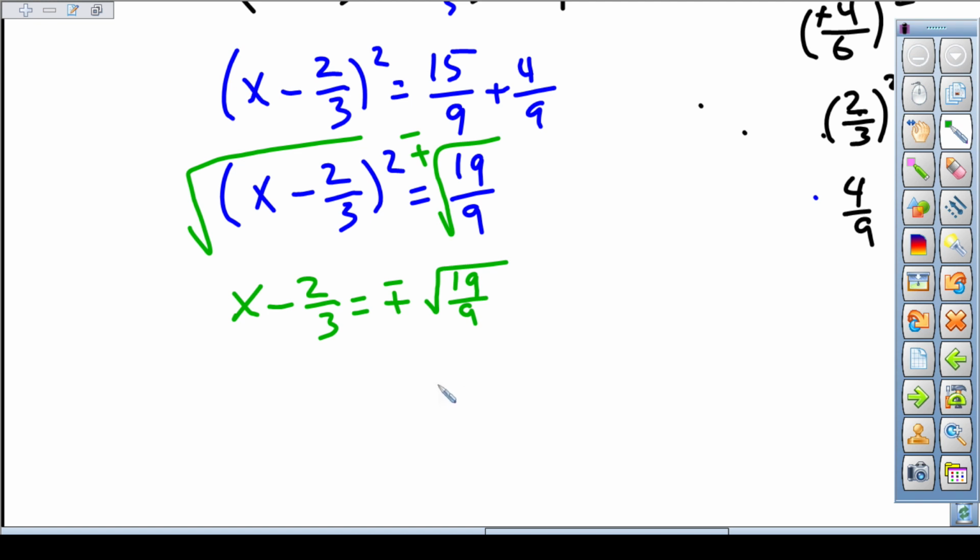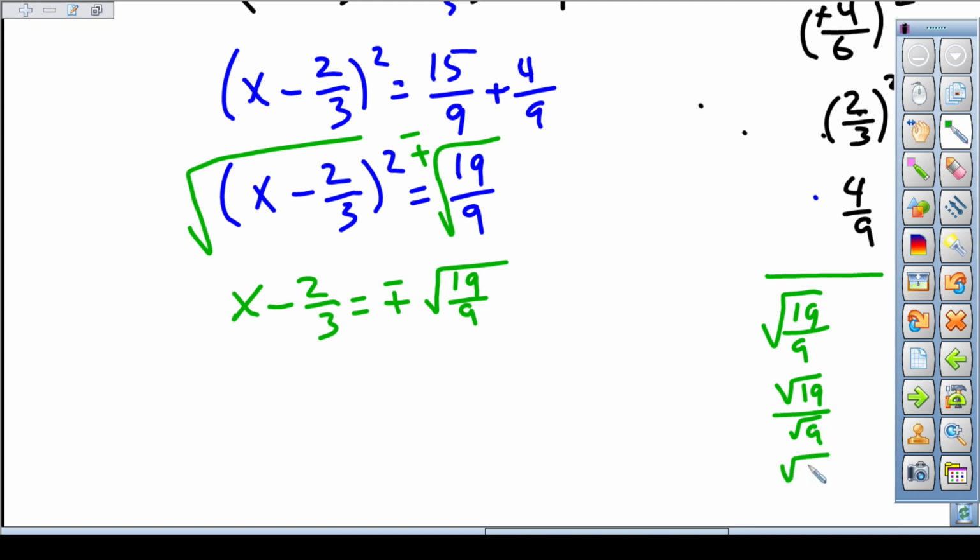Now, it's going to be a weird combo here because I know there's something with the 9 I could do. I could play with the 9 because the square root of 19 over 9 is the same as the square root of 19 over the square root of 9. I know the square root of 9 is 3.